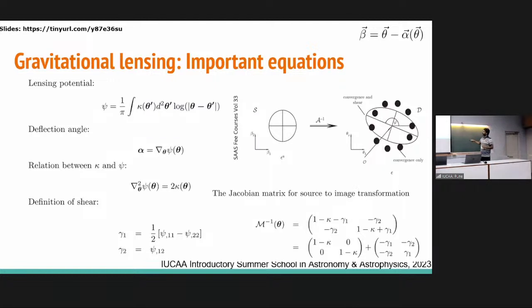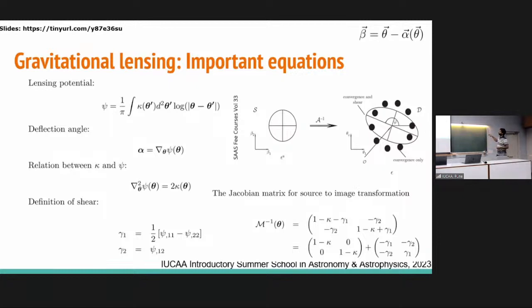Okay, so this magnification matrix, again, this is a review of what we have done before. You can decompose it into a convergence part, which looks like 1 minus kappa times an identity, which means that if gamma 1 and gamma 2 were exactly equal to 0, then if you take circular sources, they will just remain circular sources in the image plane. It's just that their radius will increase or decrease, depending upon the value of kappa. But if you have a shear, it changes these circular sources into something which looks like an ellipse.